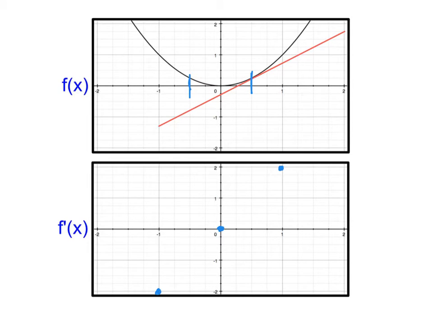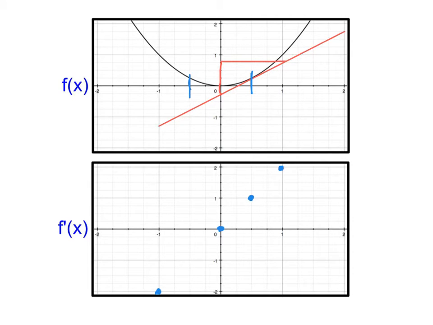And again, I can look and see, okay, as I go between any 2 points there, how far am I going up, how far am I going over to find my slope? And notice in this case, it looks like I'm basically going up 1 and over 1. So the slope that I'm going to get at x equals 0.5 is 1. So that means that when x is 0.5, my derivative is 1.